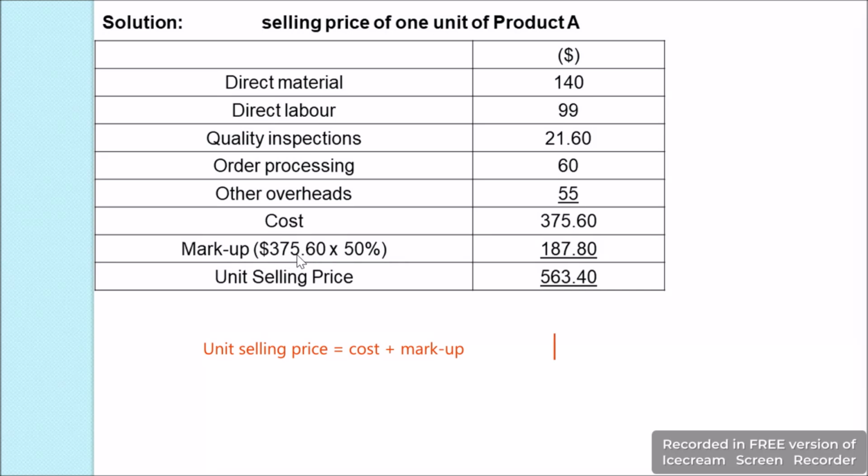So 375.60 times 50%, we get the value as 187.80. Now we add this to $375.60, that is $375.60 plus $187.80. We get the unit selling price as $563.40.